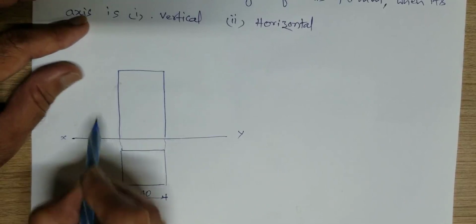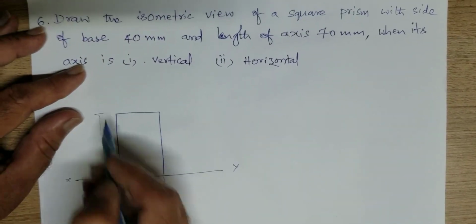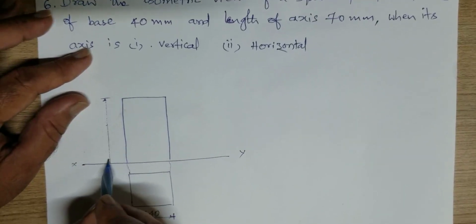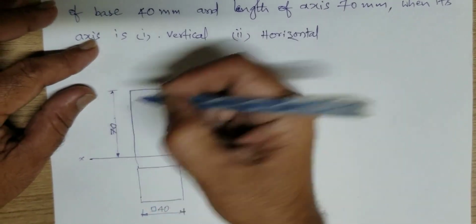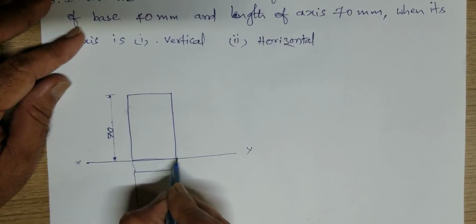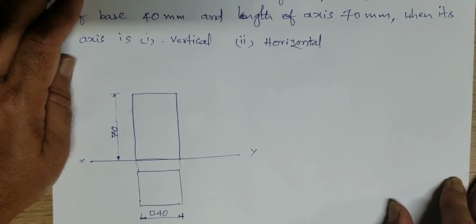We know its height, I think he has given 70. I am taking this 70, right? You just see how I am going to draw it.